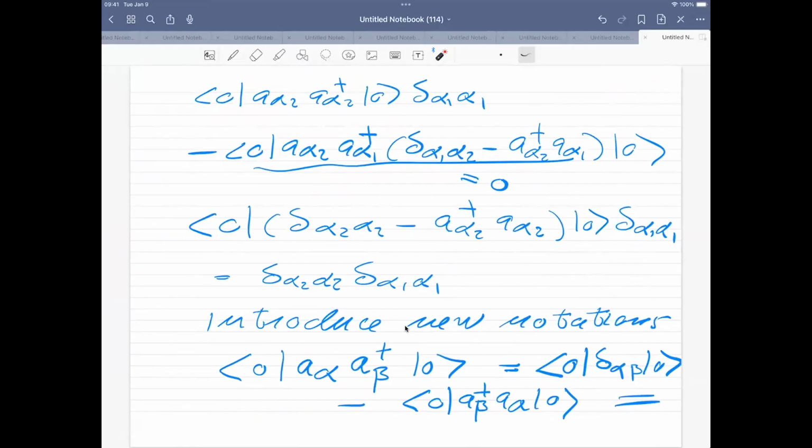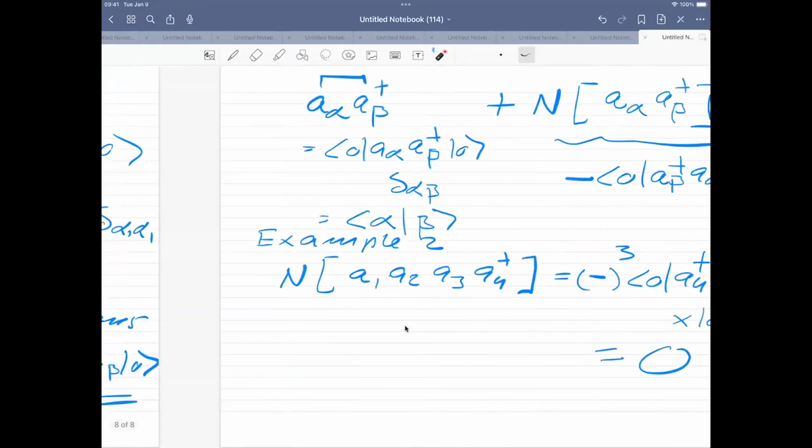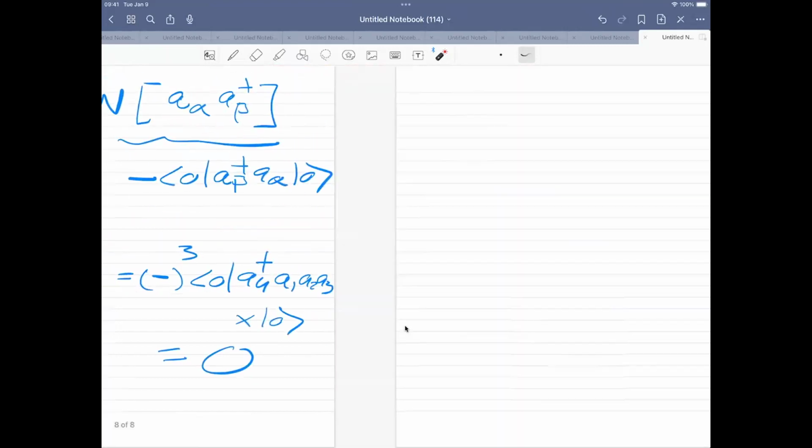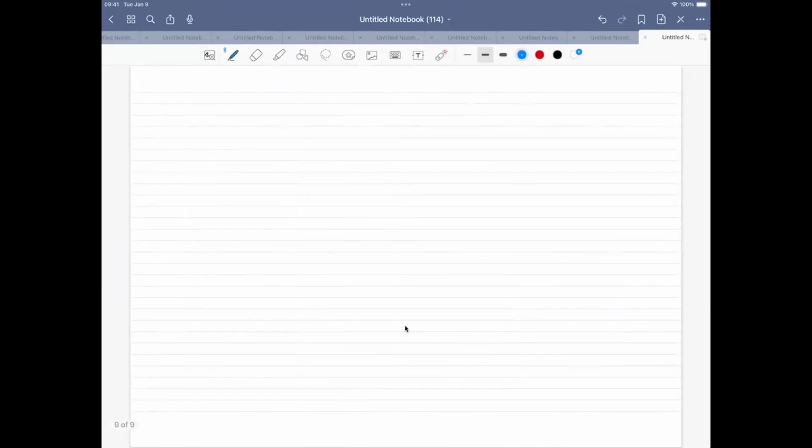So Wick's theorem, which I wanted to state now, we have actually shown for 1 creation and 1 annihilation operator. So what you have here is actually Wick's theorem for 2 operators, 1 creation and 1 annihilation. Before we show the theorem, let's just look at this for 3 operators.